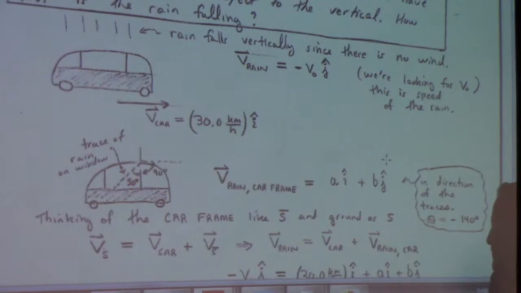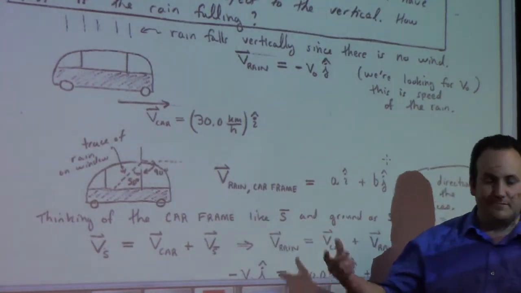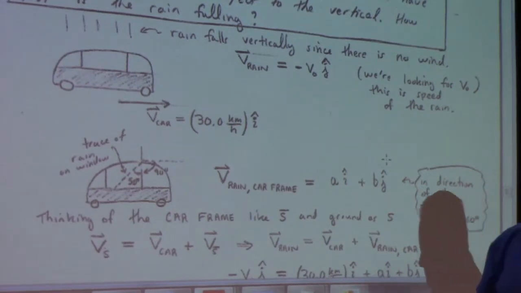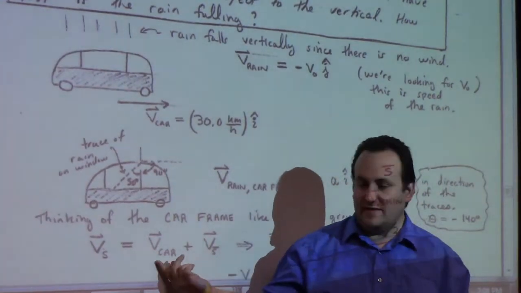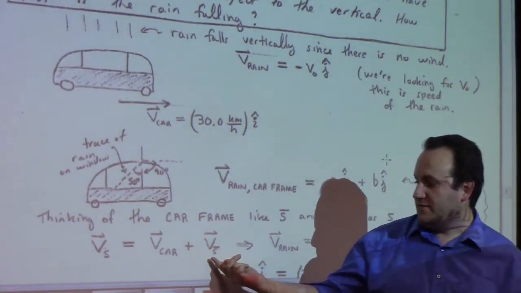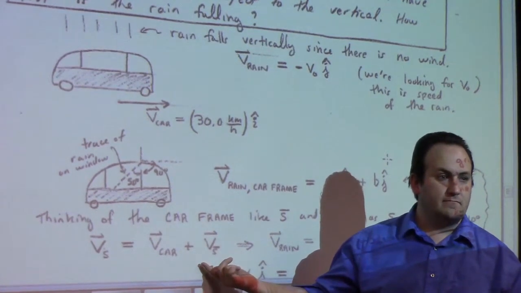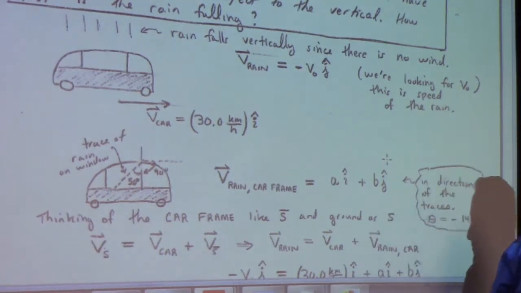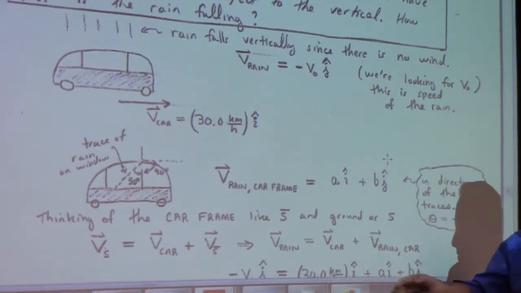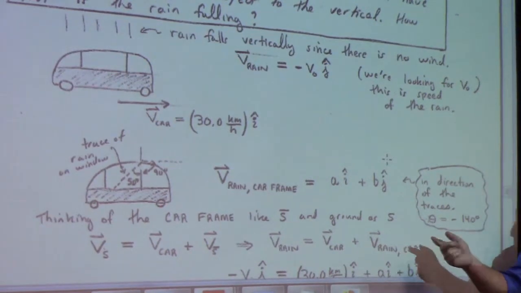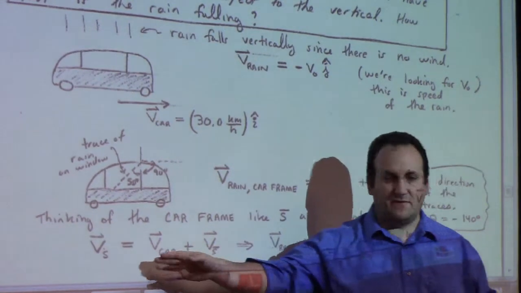So thinking of the car frame like S prime, and the ground is S, I've got that the velocity in the ground frame is equal to the velocity of the car plus the velocity of the rain relative to the car frame. Right? So what does that say? Sorry, this was a general statement for arbitrary velocities.